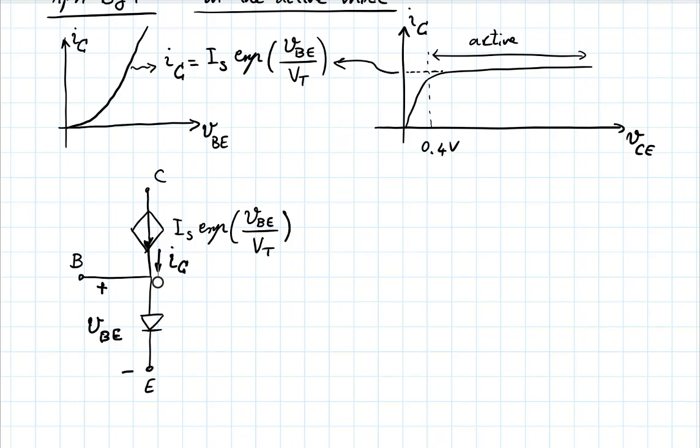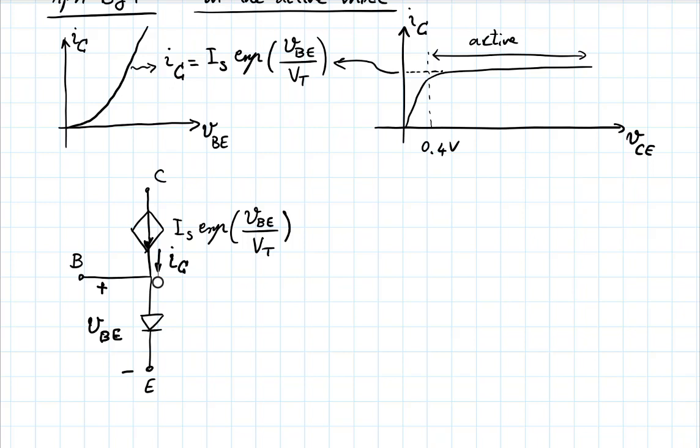What if you wanted to make it one step more sophisticated, and take into account the fact that even in the active mode, IC is not a flat line? That in reality, with an increase in VCE, IC changes a little bit, the effect known as the early effect.